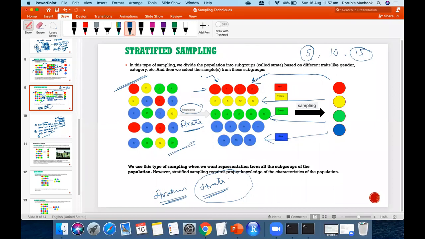Selecting anyone is not random sampling. Randomly selecting is random sampling. When you say any three, I'll select 1, 2 and 3, that is not random sampling, because I know which person I'm selecting.